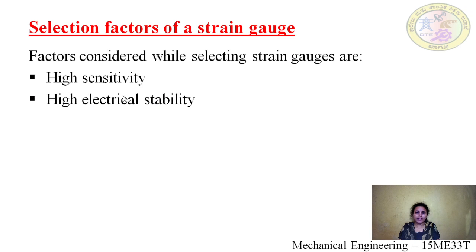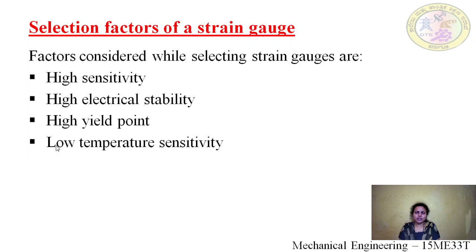Next, it should have high electrical stability. The third, it should have a high yield point. That means the material we are using should always work under the elastic limit. It should not cross the elastic limit.